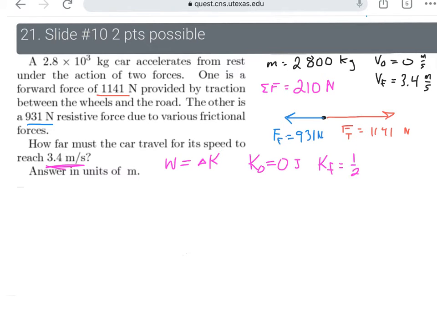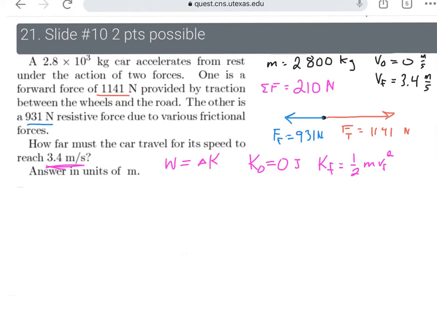And the equation to do so would just be half the mass times the velocity final squared. Notice how we know both of those numbers. We know mass and we know that final velocity. The other equation we have for work is that work is equal to force times distance. The force here being the net force, and the distance being, hey, that's the number we're trying to figure out.